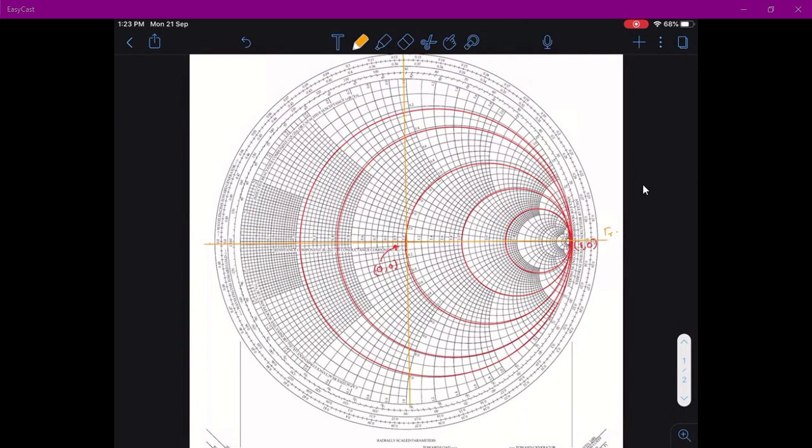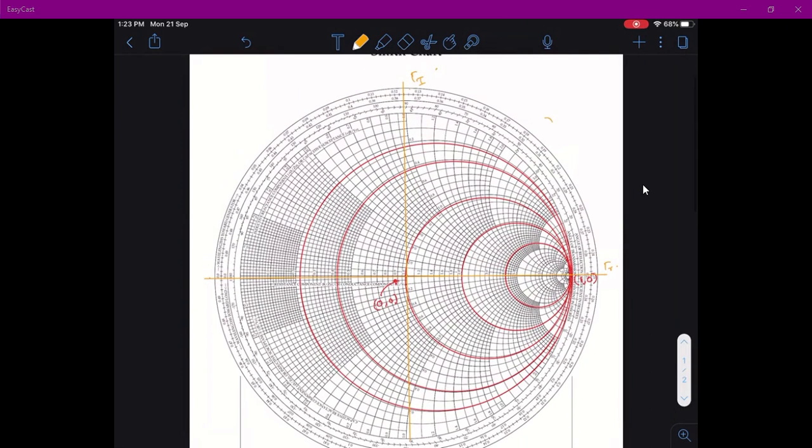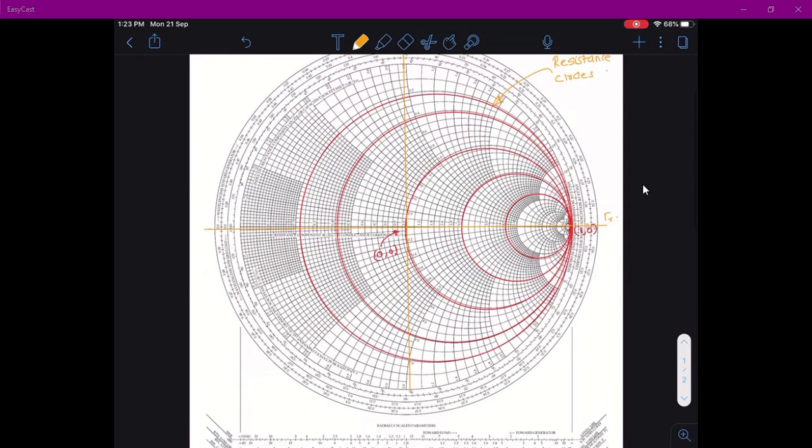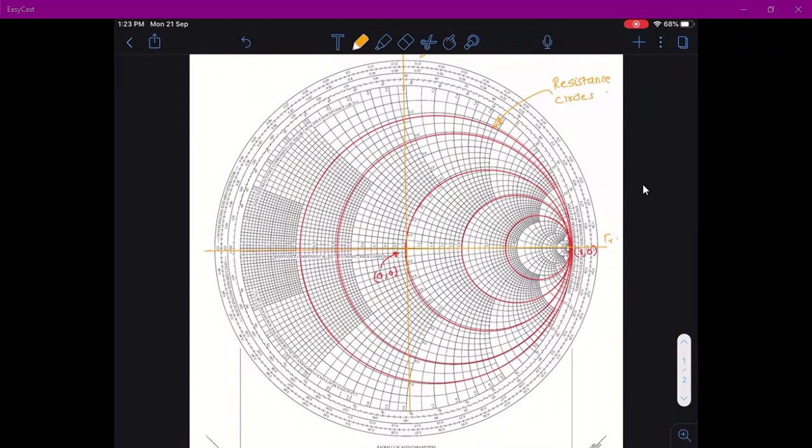Okay, this is 1 comma 0. So these concentric circles are called resistance circles.